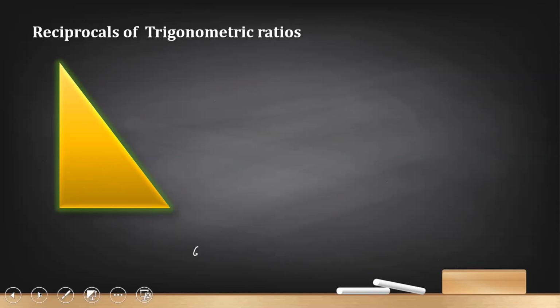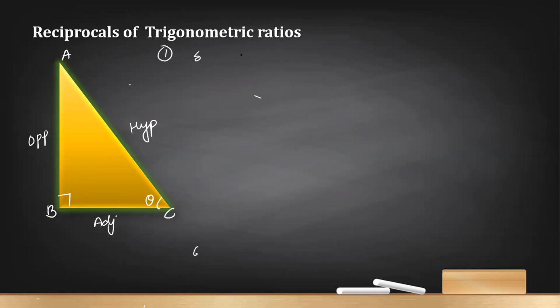Now we have reciprocals of trigonometric ratios. Let us just mark this again: ABC, this is your theta, this is your hypotenuse, opposite, adjacent. Sine theta is always equal to 1 upon cosec theta. Sine theta was opposite upon hypotenuse, and cosec was hypotenuse upon opposite.